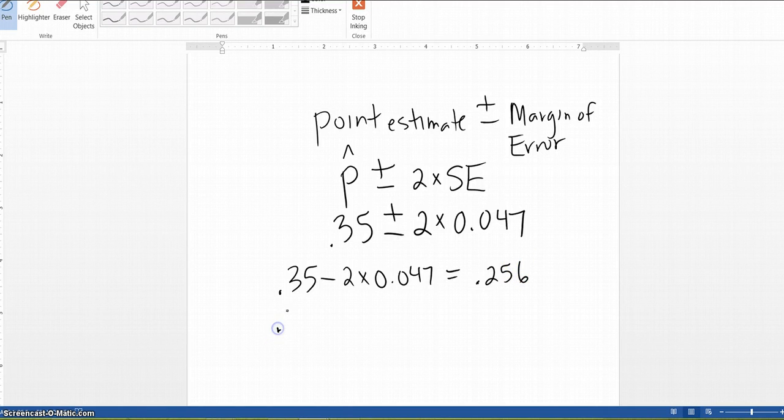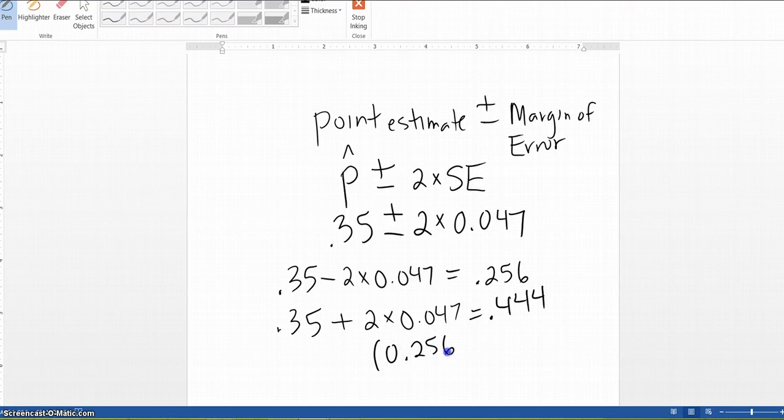If we take 0.35 plus 2 times 0.047, that should give us 0.444. So our confidence interval is going to go from 0.256 up to 0.444.